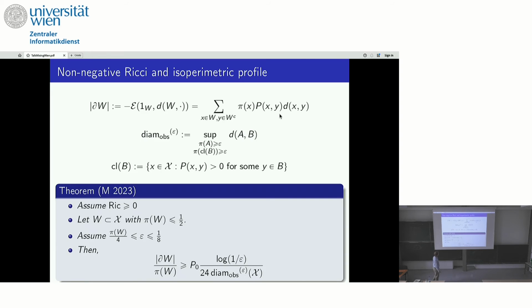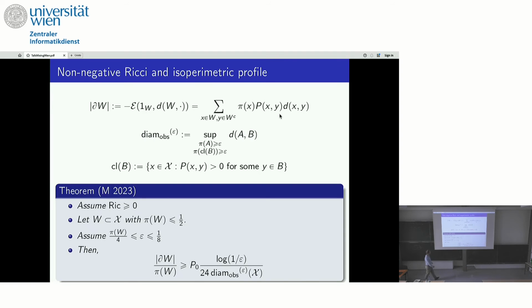So what's the theorem we have now? Again, like always, we assume non-negative Ricci curvature, and we fix some set W and some epsilon between the measure of W and a fixed constant. And then we can estimate the isoperimetric profile here by the concentration profile on the right.